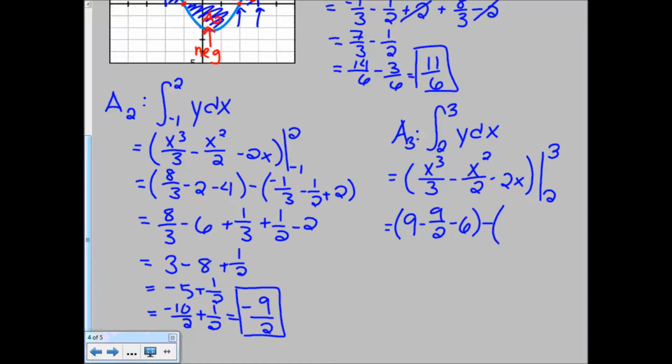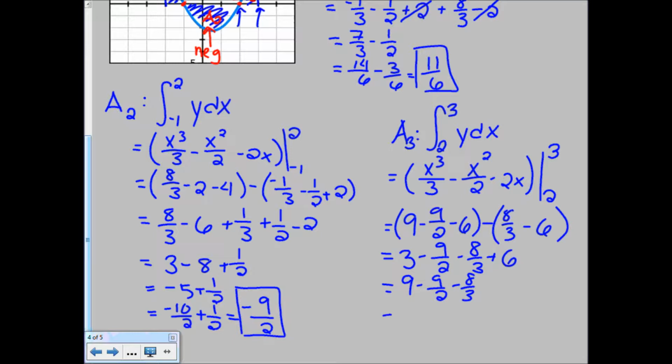Minus, and we know when we plugged in 2 from before, we got +8/3 minus 2 minus 4, or minus 6. So now if we simplify, we get 3 minus 9 halves minus 8 thirds plus 6. So 3 plus 6 is 9, minus 9 halves minus 8 thirds.